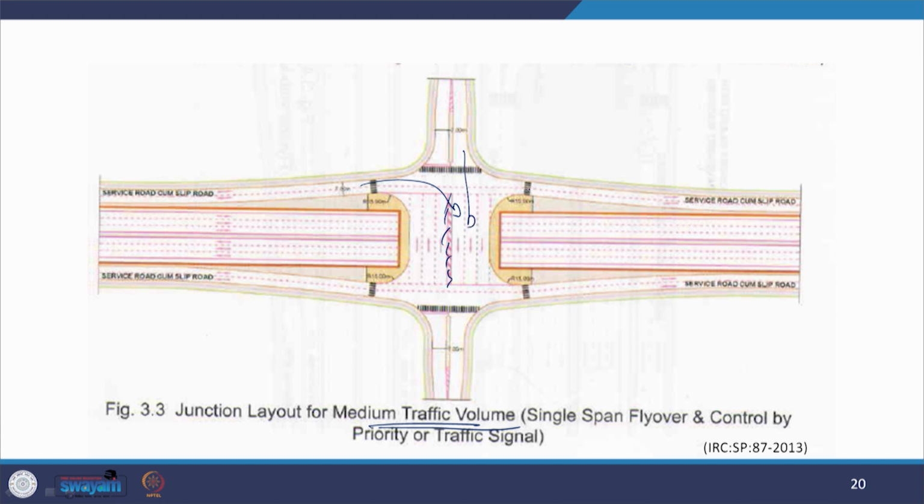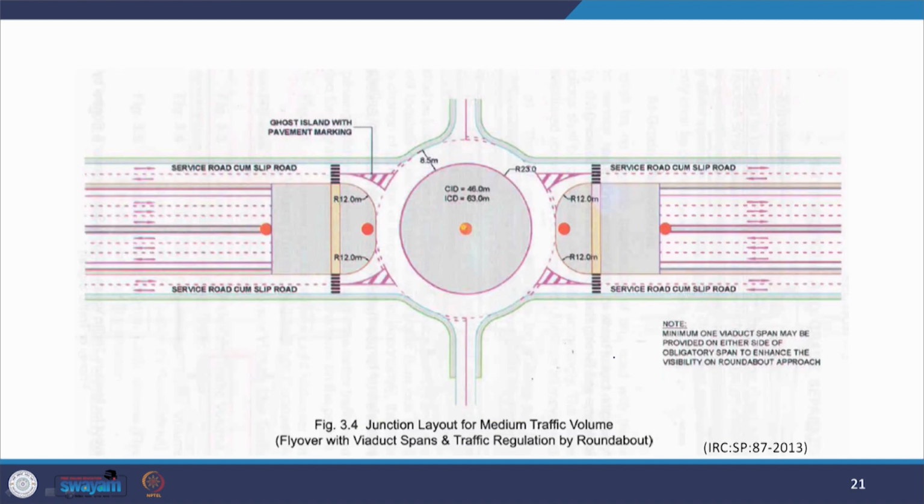If there is a two lane system, then traffic can come from this side and get into this slip lane. Now we have a wider system, because this road is also a major road and has a good amount of traffic. So we have gone into this design.